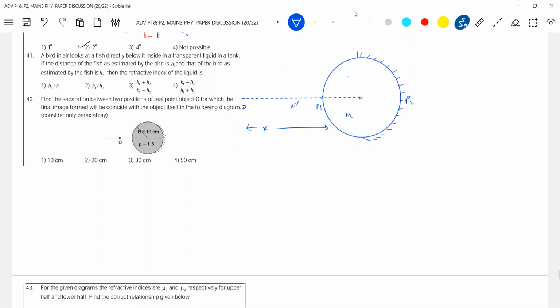Now let's start with first refraction at P1. 1.5 by P1I1 minus 1 by minus X equals 1.5 minus 1 by plus R. So this will be 1 by 2R altogether.